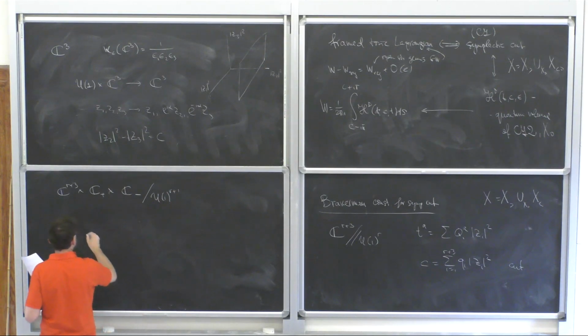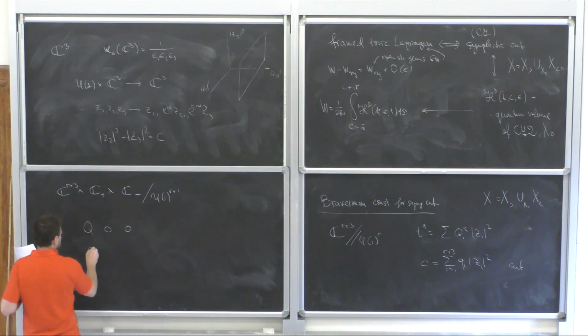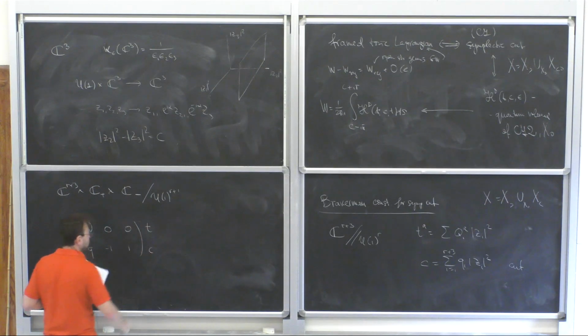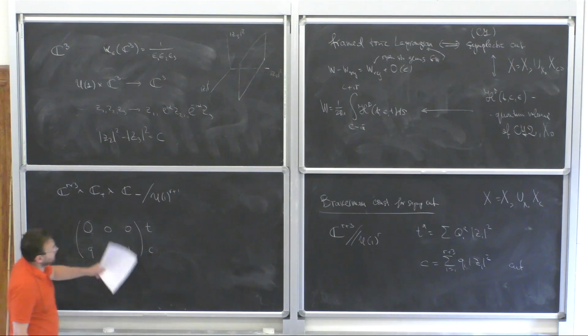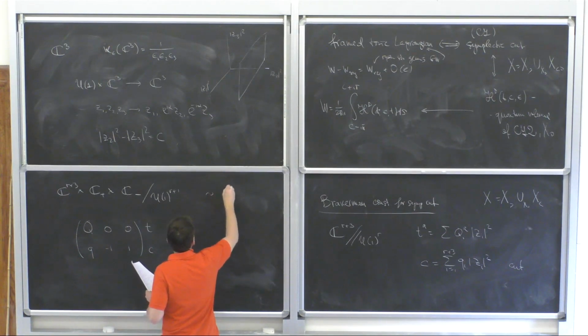So my charge matrix will look as follows. I will have Q, 0, 0. Then I will put this little q, minus 1, 1. This is my charge matrix. This will be T, this will be C. So as you can count dimensions, I will end up with a Calabi-Yau fourfold.